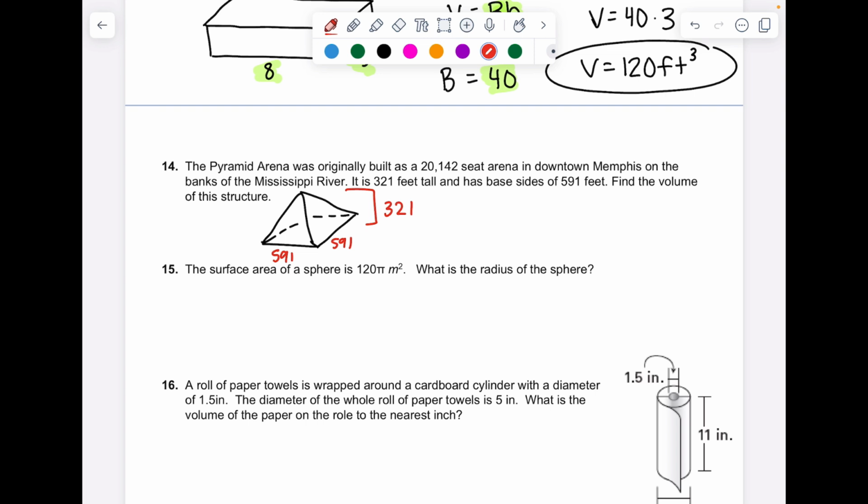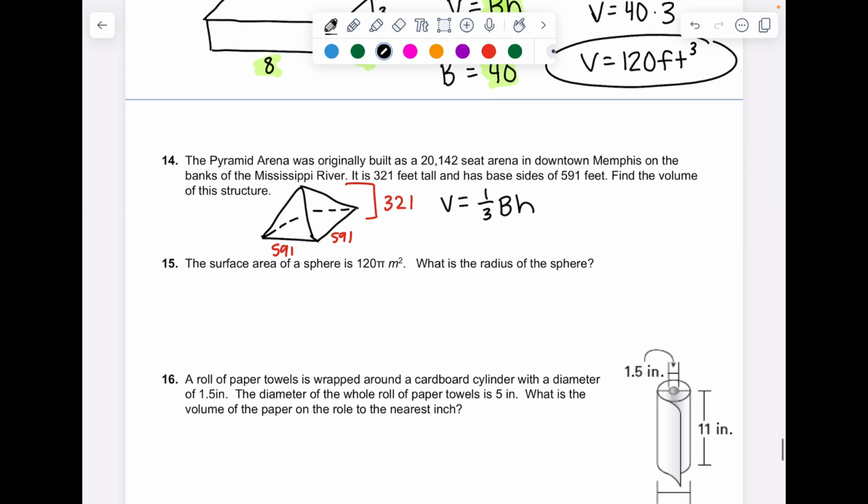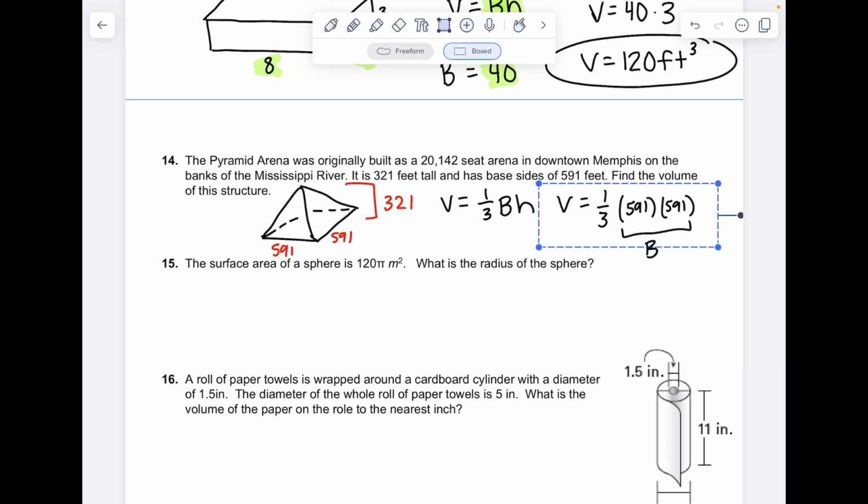I just need to use my volume of a square pyramid formula, which is 1/3 times the area of the base times the height. So we've got 1/3. The area of the base would be 591 times 591, so that's B. And then our height is 321.